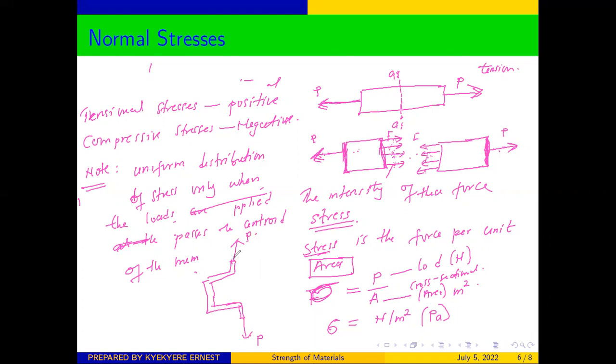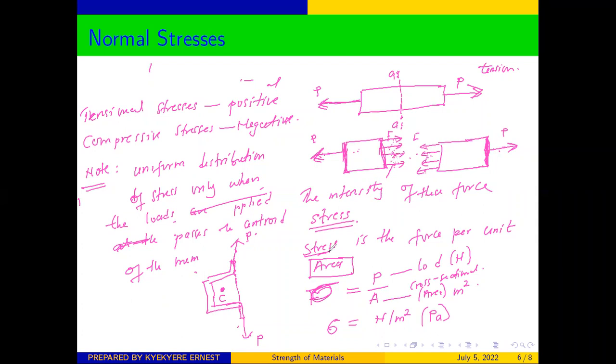Now you can see that the centroid might be somewhere here in the body. This will be the centroid or the center of gravity. Therefore, you can see that these forces are not passing through the centroid. And for that matter, the distribution of the stresses is not going to be uniform.